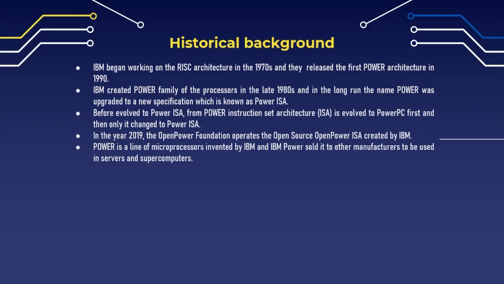Power is a line of microprocessors invented by IBM, and IBM sold Power to other manufacturers to be used in servers and supercomputers. Power 8, Power 9, and Power 10, which are often combined with the Open Power ISA version, are product designations that are equivalent to Intel i5, i7, and i9.